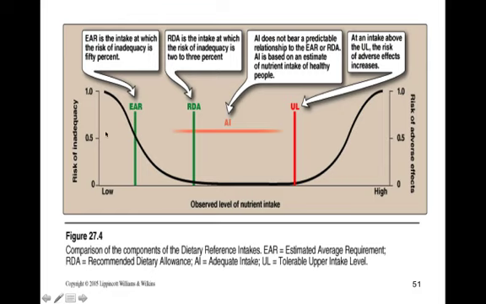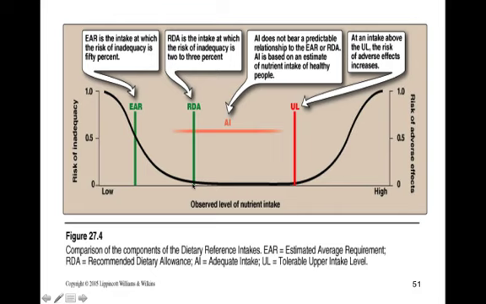So EAR is at 50%, which means that at the EAR, you are meeting the nutritional needs of 50% of the population. The risk of inadequacy is 50%. RDA, the risk of inadequacy is approximately 2 to 3%.